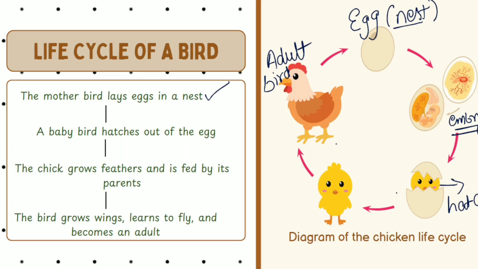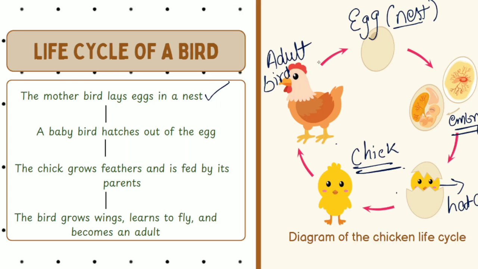This is the next step of the life cycle. Then it comes out as a chick, a baby bird. Again, what does this baby bird do? It grows stage by stage, gets feathers and feeding habits. Then it grows into an adult bird again.